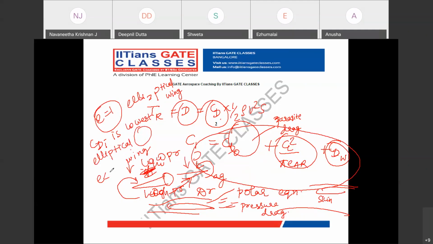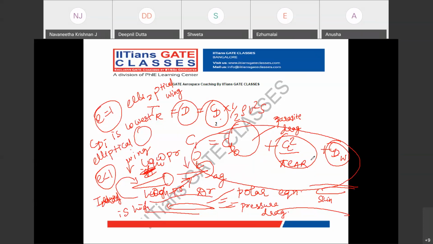For all other wings, E is less than 1, thereby induced drag is highest. Induced drag is high compared to the elliptical wing.